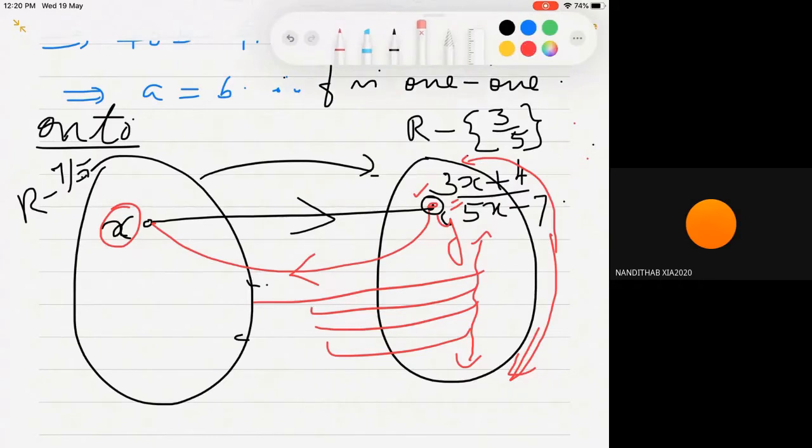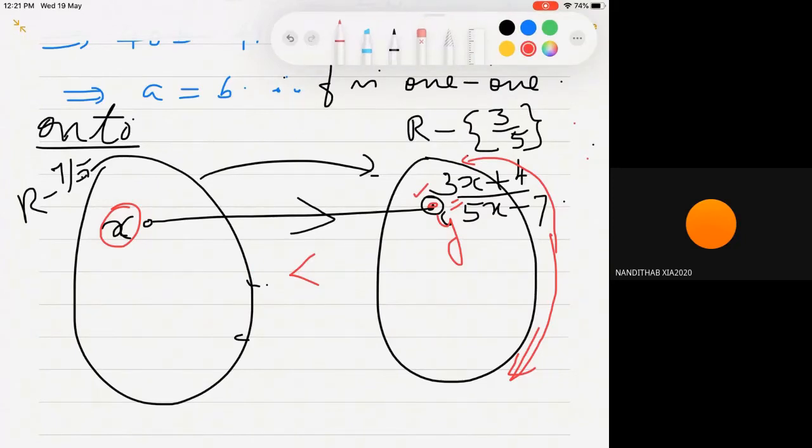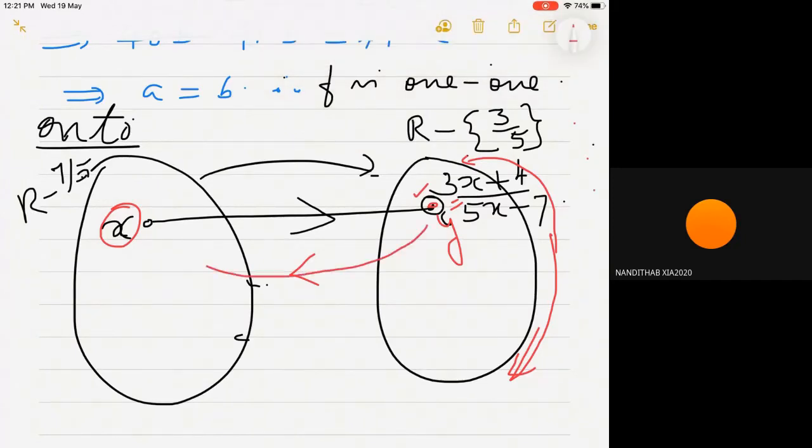So for that, first of all, you just see this route. Y is going back to x, but when you are going back, it is actually x, but now you write x in terms of y. In terms of y, you think x, and what is the relation between x and y that you get from here?